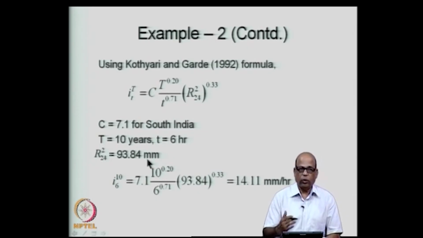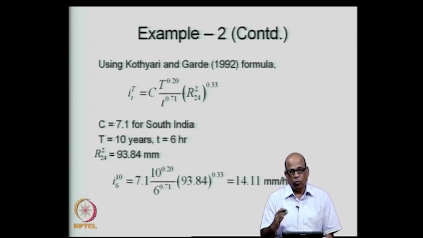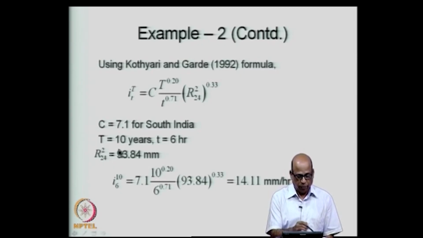However, they have also explained how to obtain these values for R24,2, that is the 24-hour 2-year return period rainfall value in depth units, for a given data series that you have. So, from that you should calculate this and then substitute in this formula.